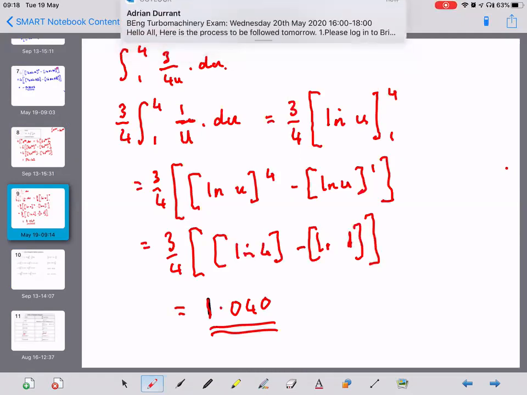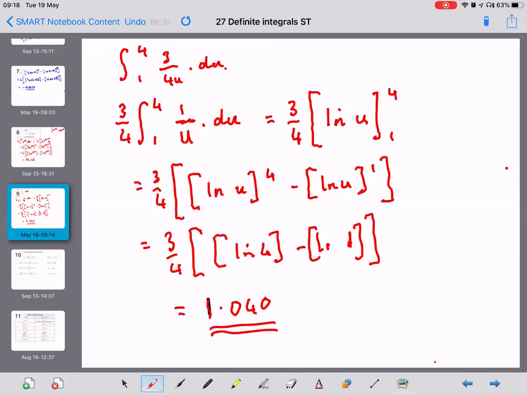Because what we're doing is simplifying by taking the constant 3/4 outside the integral. Okay. So 3/4 has gone there. Yeah. And that's left on the u, and you have to put it as 1 over u, because 3/4 times 1 over u is equal to 3 over 4u, isn't it?